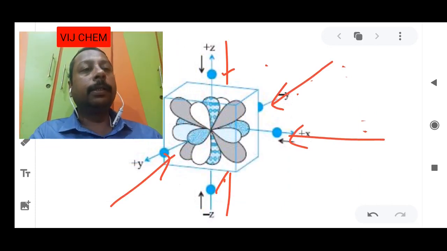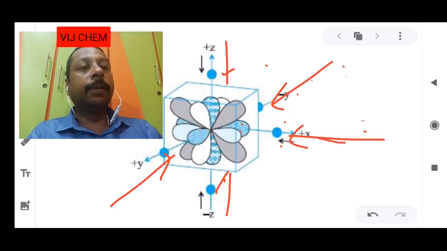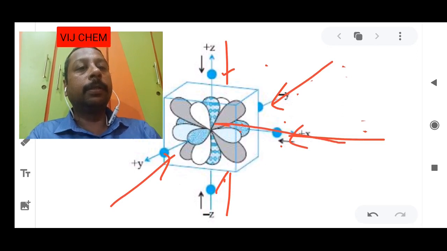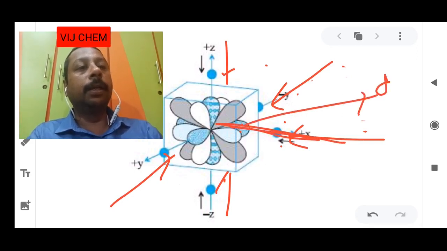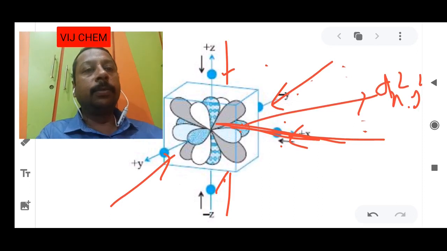6 ligands. See, the most problematic situation is that ligands come with lone pairs and there will be electrons in the d subshell. So the most affected one is this. Who is this? Can you imagine? This is none other than dx square minus y square. This is the one most affected.